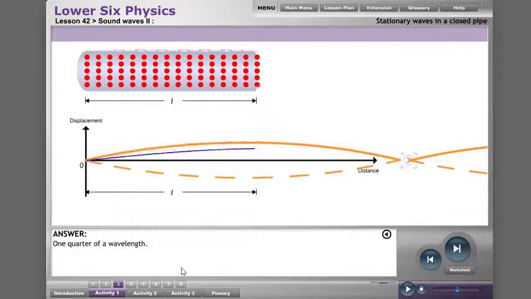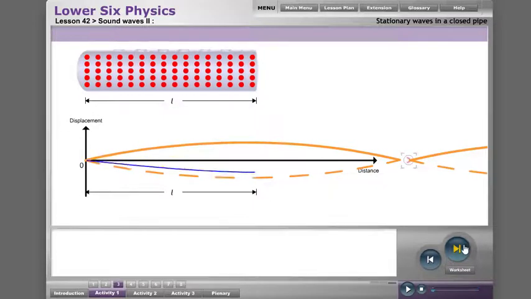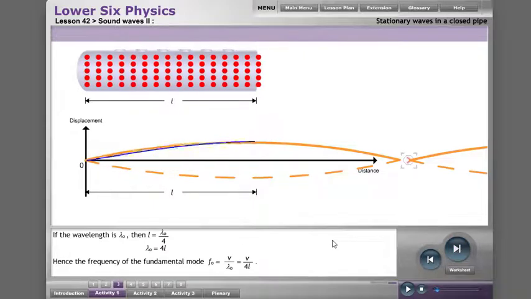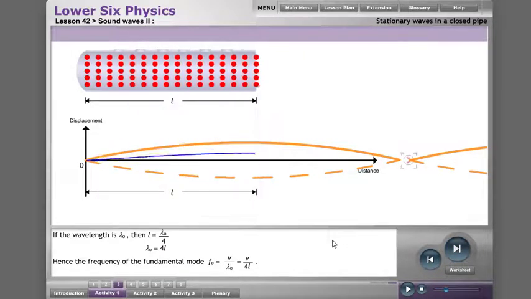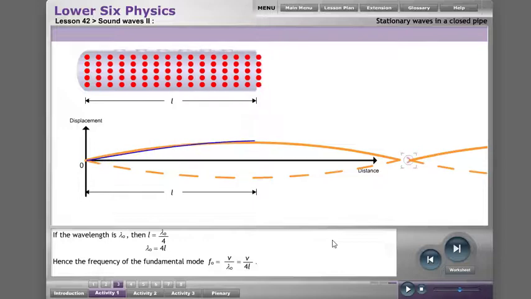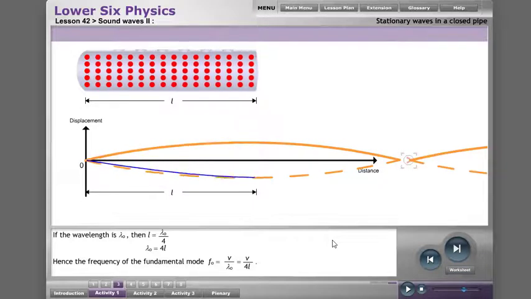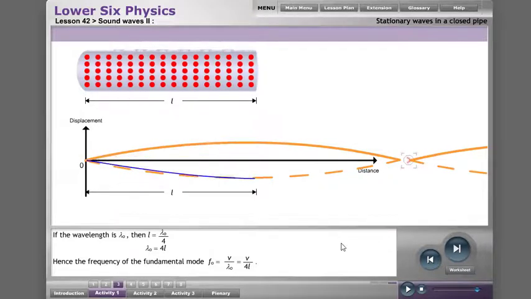Answer: 1/4 of a wavelength. If the wavelength is λ0, then L = λ0/4, which implies λ0 = 4L. Hence, the frequency of the fundamental mode f0 = v/λ0 = v/4L.